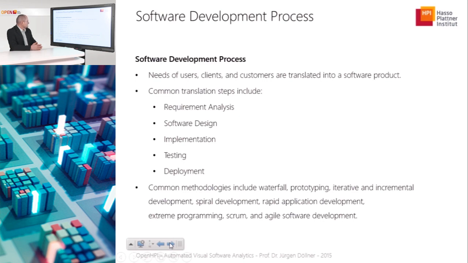For the software development process, we typically apply a methodology. For example, the waterfall models, prototyping, iterative and incremental development, spiral models, rapid application development, extreme programming, Scrum, or agile software development.